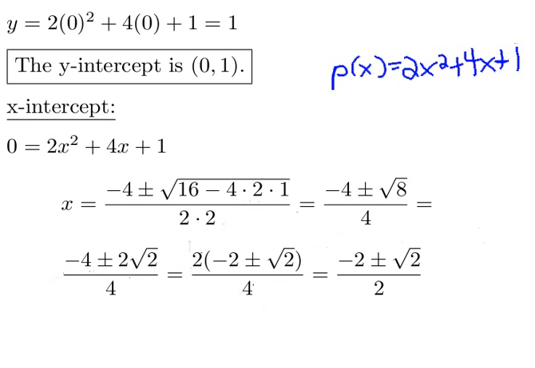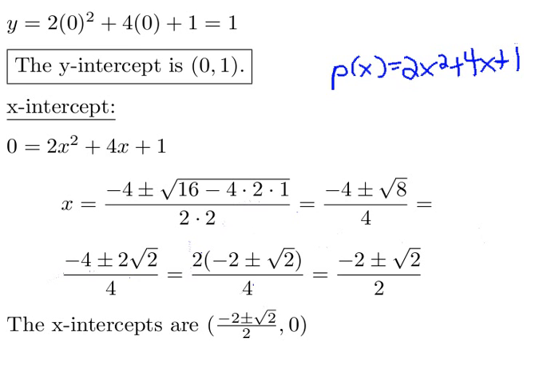So our two x-intercepts are negative 2 plus or minus square root of 2 all over 2, comma 0. Whoa, sorry, not plus or minus.